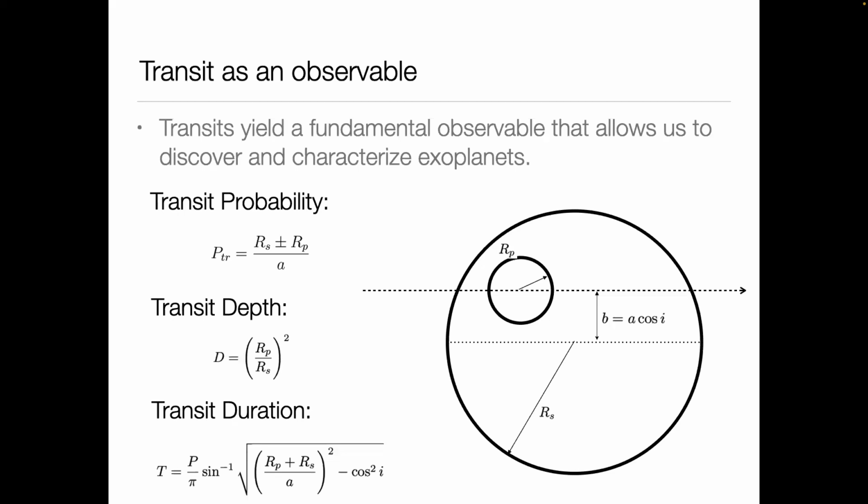And the third one is transit duration. I will not verbally derive this because it is part of a course that I give, so there's some math behind it. But basically, the difference between that cosine term and that R summation divided by a term sets how long of a transit you will actually observe. If it's grazing, it will be very short.